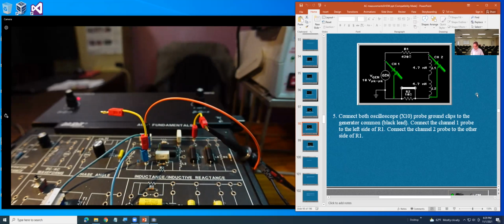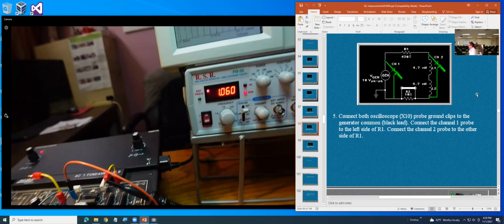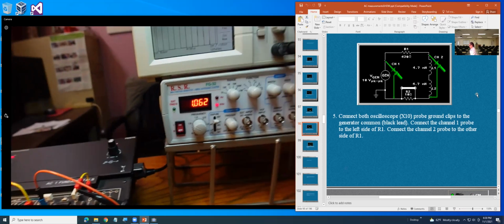Okay, any more questions on how to connect the circuit? If not, I will go back to the oscilloscope and try to figure out how we measure that.